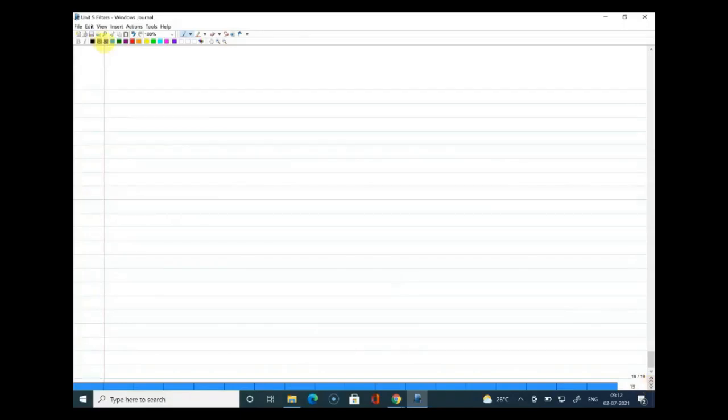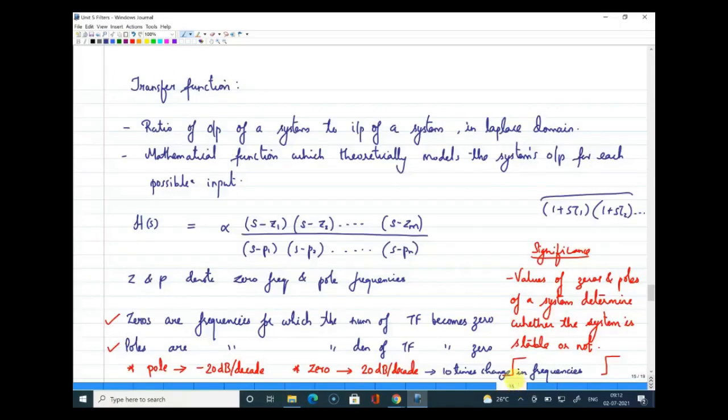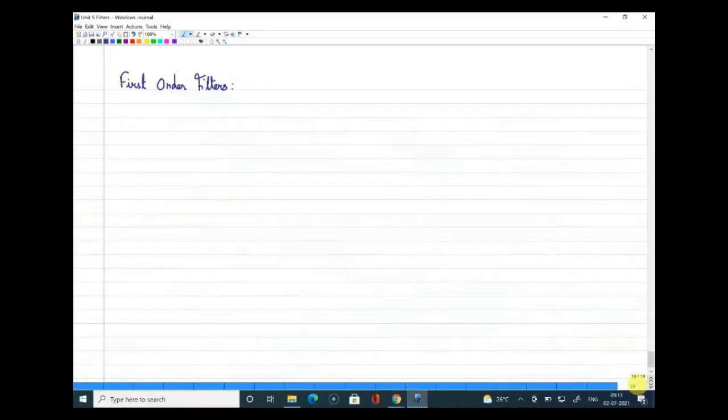So when I say first order filters, it will have a generic transfer function. When you say first order, it will be of order 1. When you say order 1, the degree of s will be 1: you will have an s term in the numerator or in the denominator, but you will not have an s square term, right?